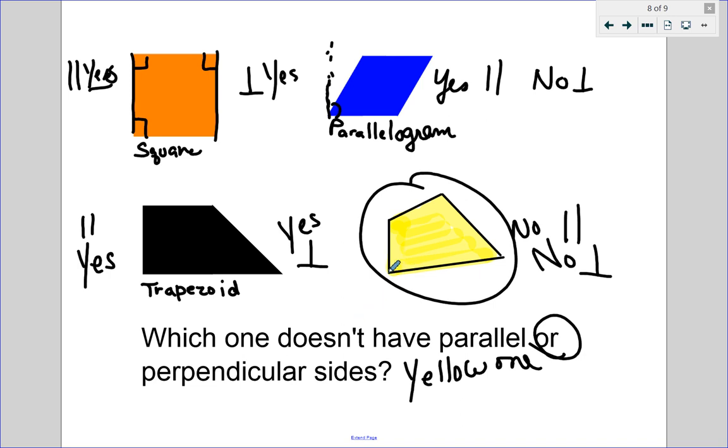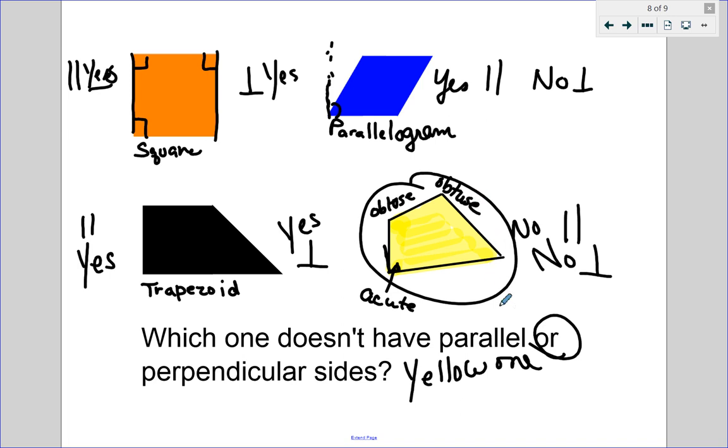So this one here, when I look at it, if I think about making that straight line, it's just going to be a little bit out from there. So this one is acute. It's just a little bit smaller. It's not a right angle. This one here is a little bigger, so it's obtuse. This angle is bigger than the 90 degrees, so we call that obtuse.